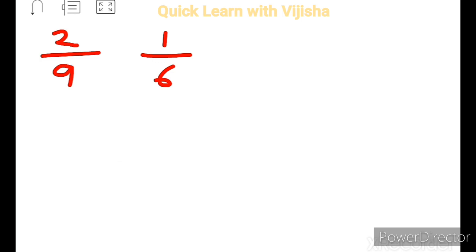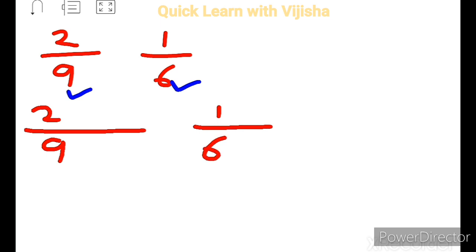2 upon 9 and 1 upon 6. Here also the denominators are different. We will cross multiply. How will we cross multiply? We will write 2 upon 9 here and 1 upon 6 this side. We will multiply this number with this 6. Same way, for this side we will multiply with this 9.